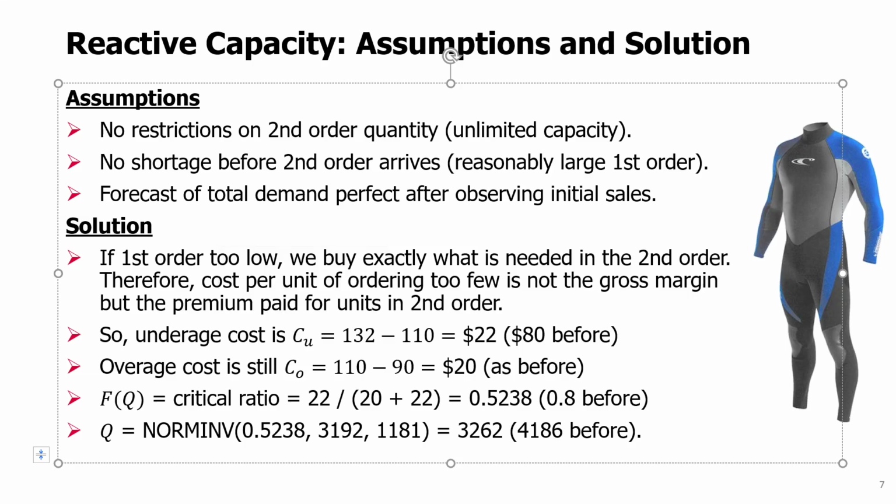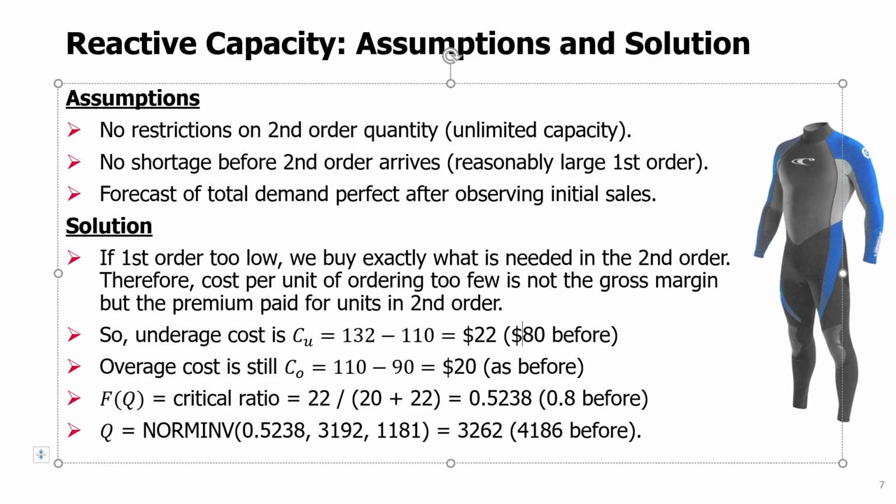So in other words, if you don't order enough in the first order opportunity, then in the second order opportunity, you order at a 20% higher cost, which means you have a $22 underage cost, right? And notice this is different than before. Before we had $80 underage cost, and it meant that we will have lost sales, and every unit of lost sales is like a lost opportunity to make $80.